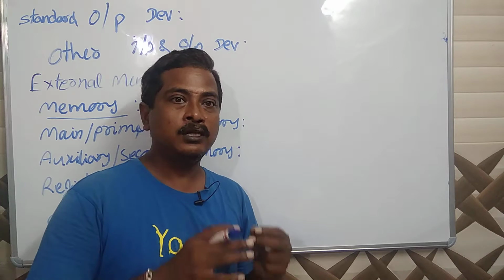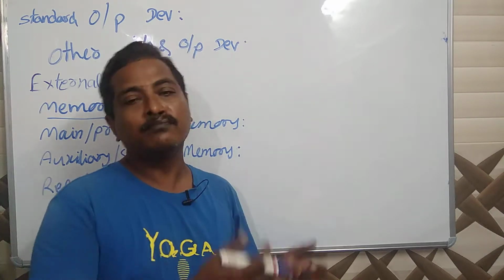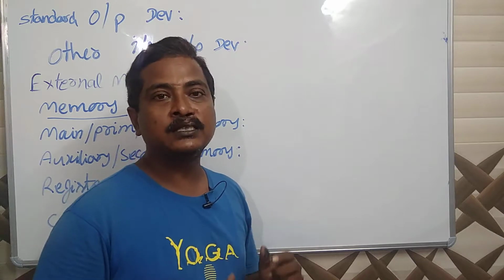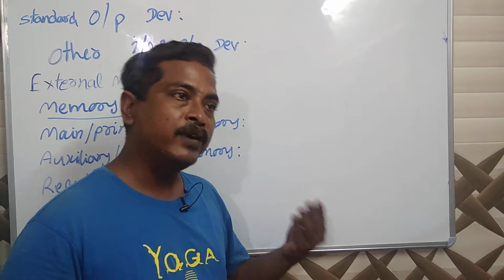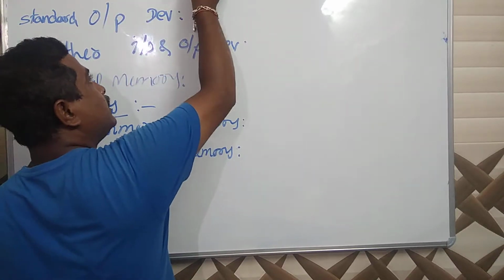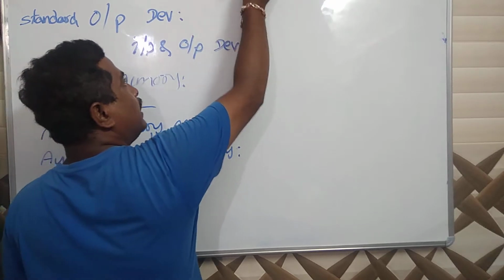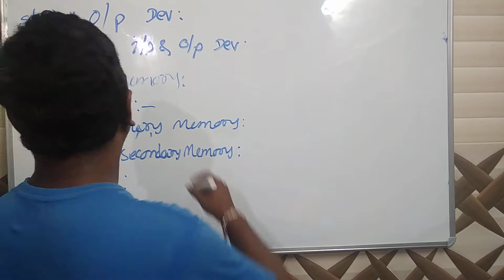If you are giving input through other input devices, then you have to program for that. That's why these are called standard input devices, which are taken by default by the computer. The standard input devices are keyboard and mouse. Only these two are standard input devices.